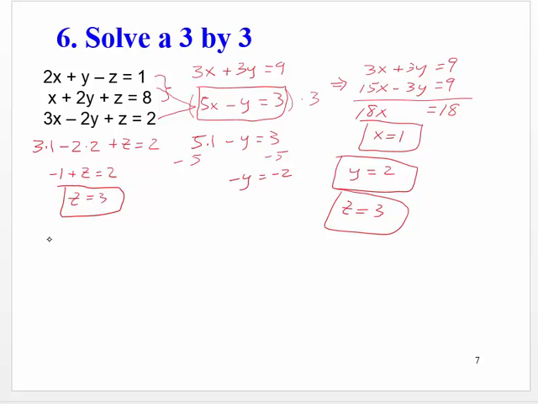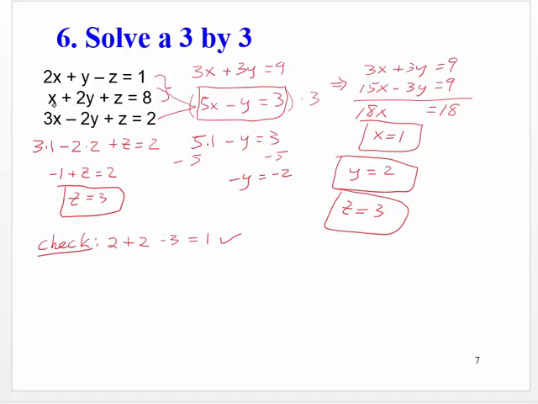It's always good to check. Plug them in. We get 2 times 1, we get 2, plus 2 for y, minus 3 for z. And that's equal to 1. Check so far.